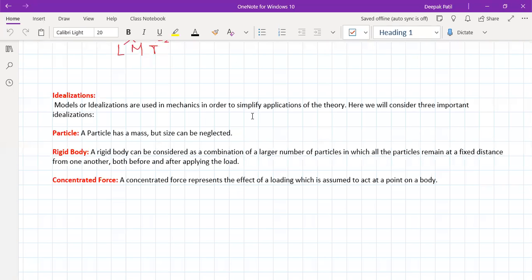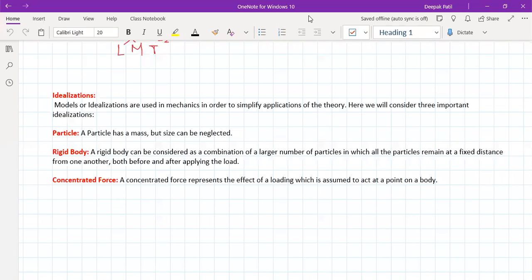For example, take the size of the earth. The size of the earth is insignificant compared to the size of its orbit, in which the earth is revolving. The size of the earth compared to its orbit is very negligible.